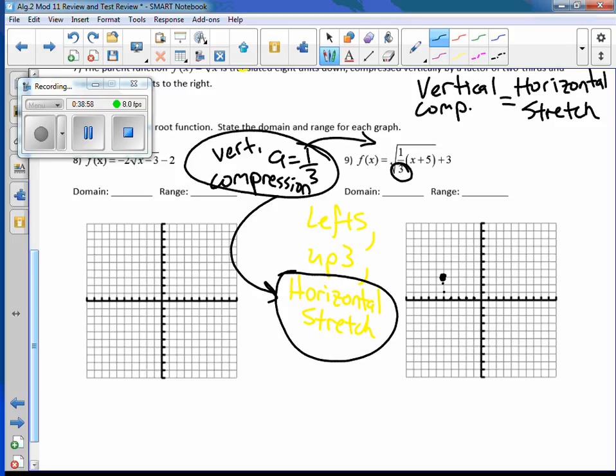So instead of trying to do this by hand, I'm going to go to my calculator. And let's see what we can find.